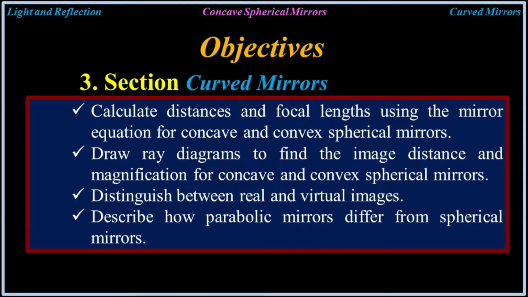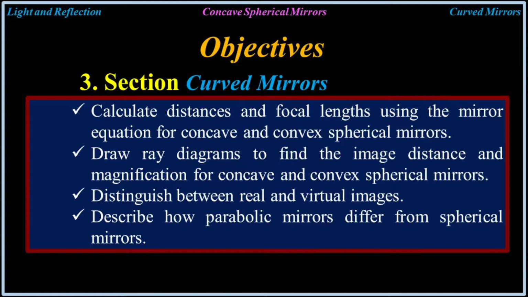Section 3. Calculate distances and focal lengths using the mirror equation for concave and convex spherical mirrors. Draw ray diagrams to find the image distance and magnification for concave and convex spherical mirrors.